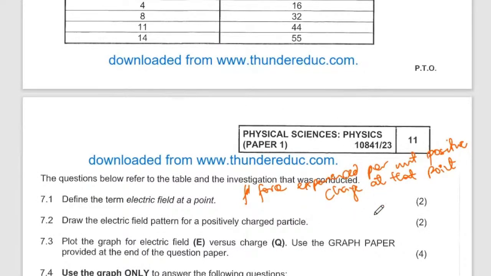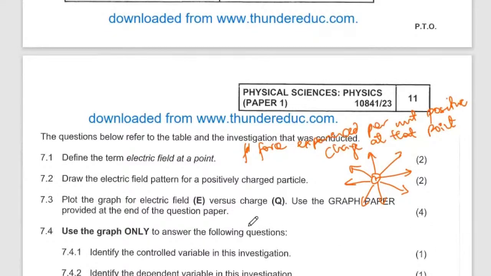When it is positively charged, we expect the field lines to be moving outwards. Remember, these field lines should never cross. So that is that. And then 7.3, they want us to plot a graph of E versus Q, with the graph we have the parameters.